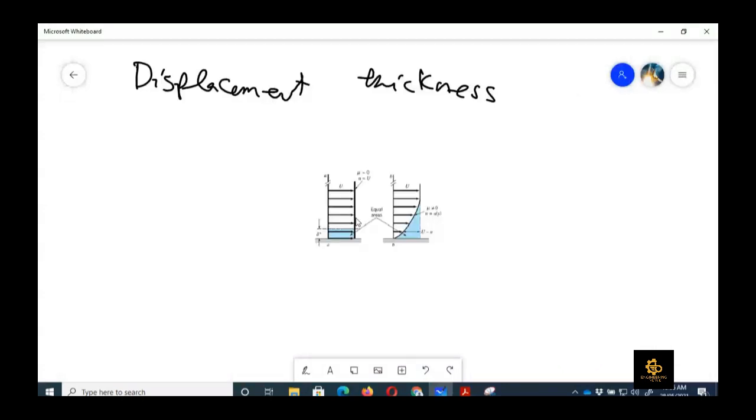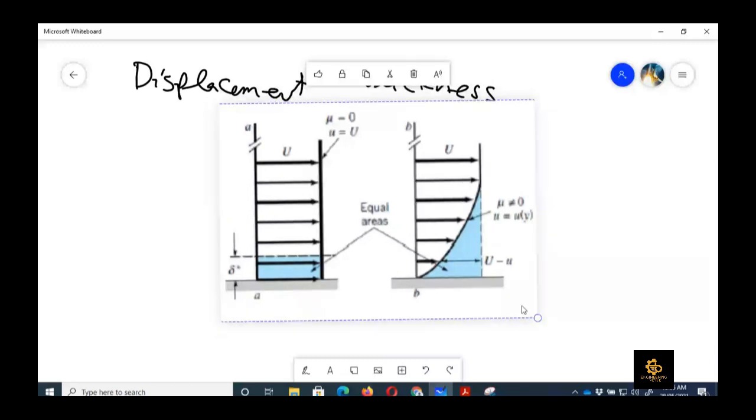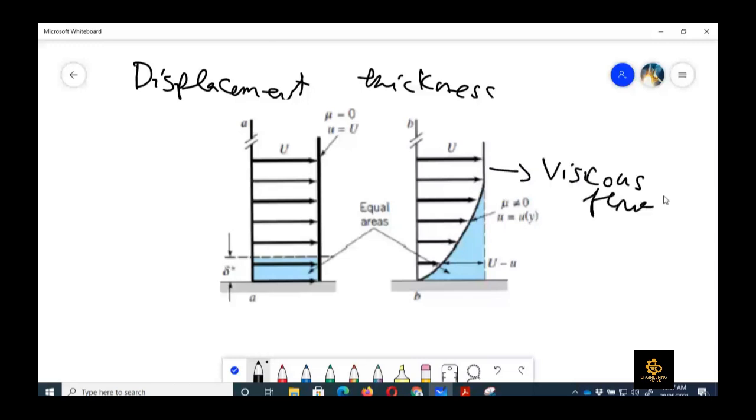Consider we have a viscous flow, which is the figure on the right hand side. This is the viscous flow where the viscosity is quite comparable with the inertial flow. If we see the velocity profile, the value is low near the surface, and then it increases to the free stream value at the boundary layer thickness, which is 99%.